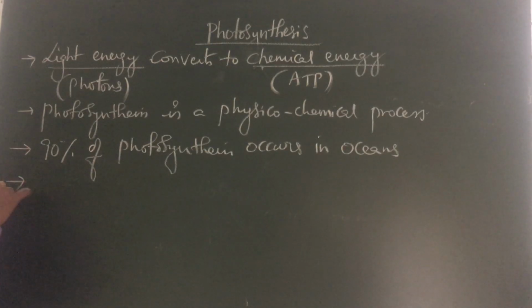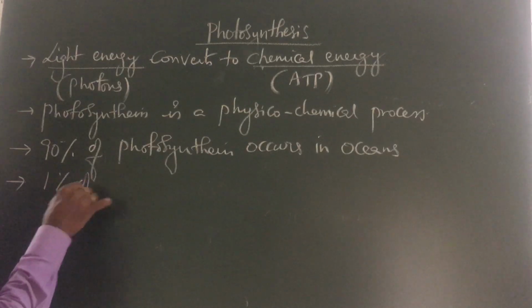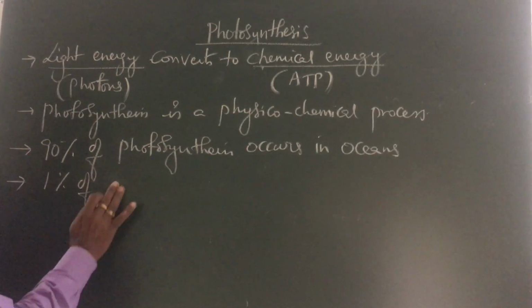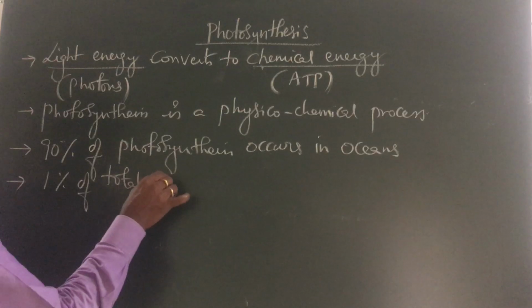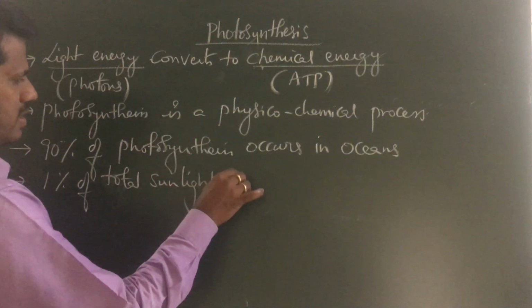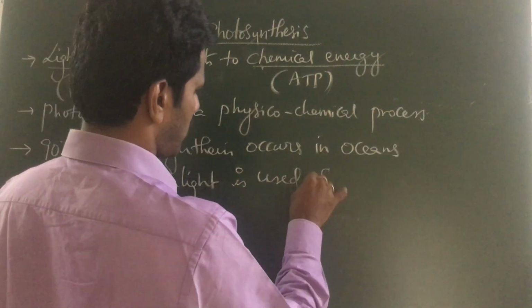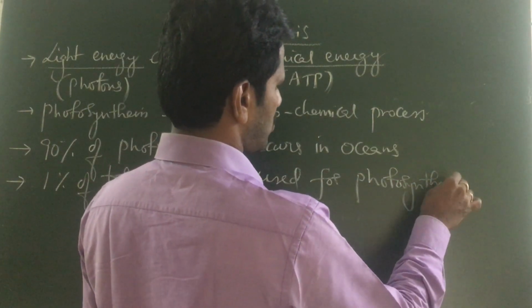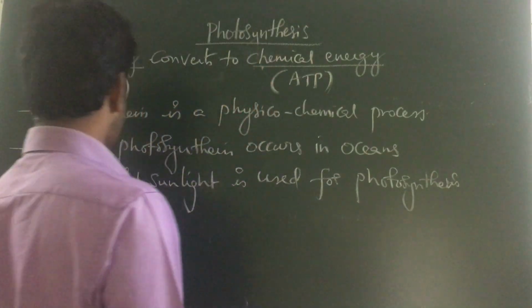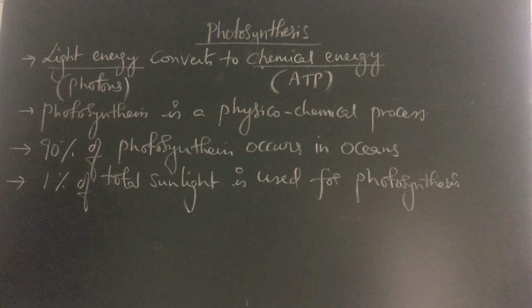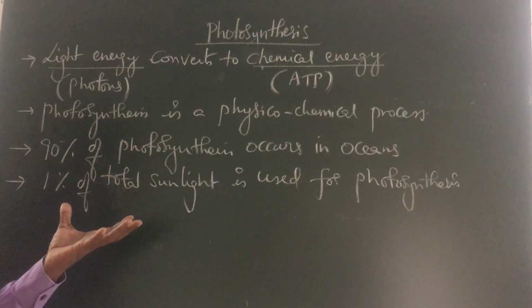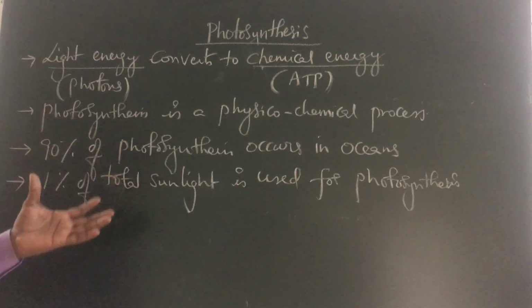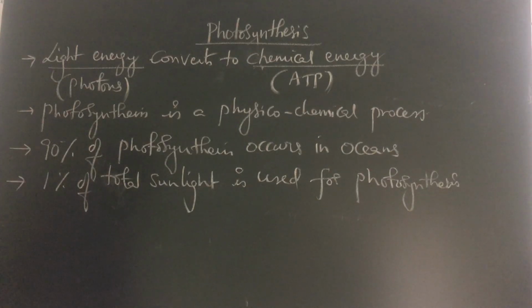And another important thing is 1% of the total sunlight is used for photosynthesis. Only 1% of the light is used out of the complete sunlight.